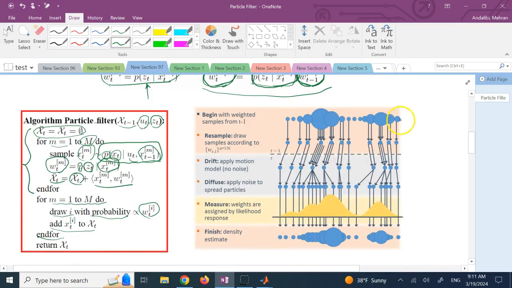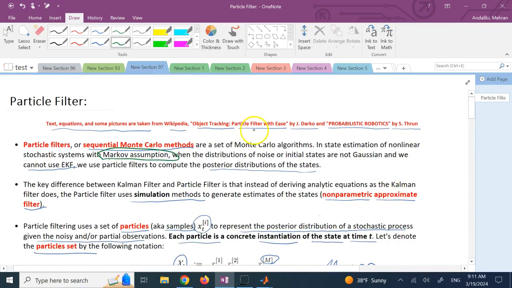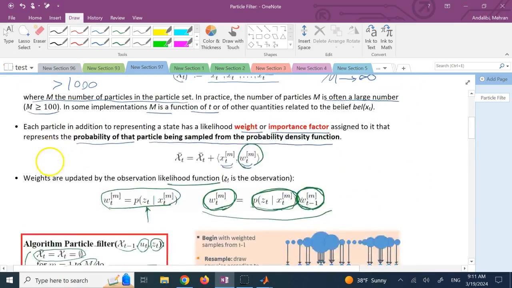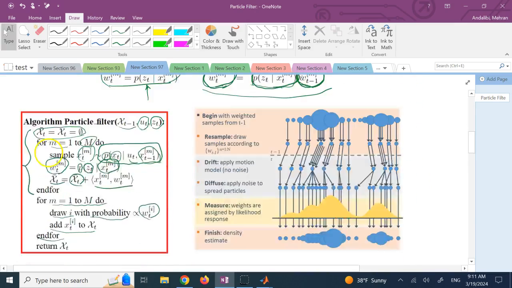And here, these are some good pictures from this paper, Object Tracking Particle Filter with Ease by Draco. The algorithm is coming from probabilistic robotics, but here, these pictures also show some good things, right? So you see here are the weighted samples from the previous step. Some of them have bigger weights, some of them smaller.